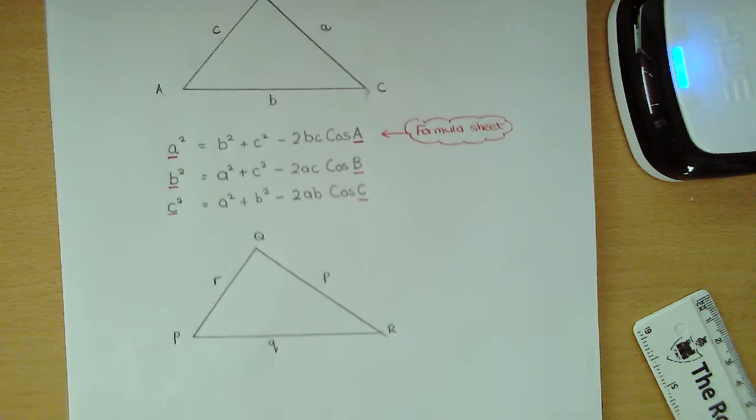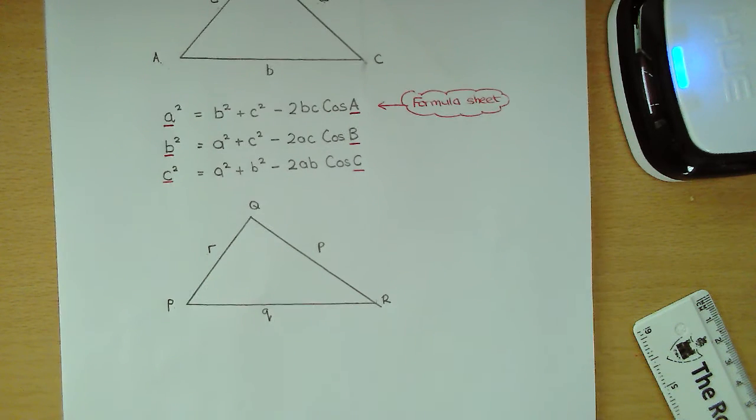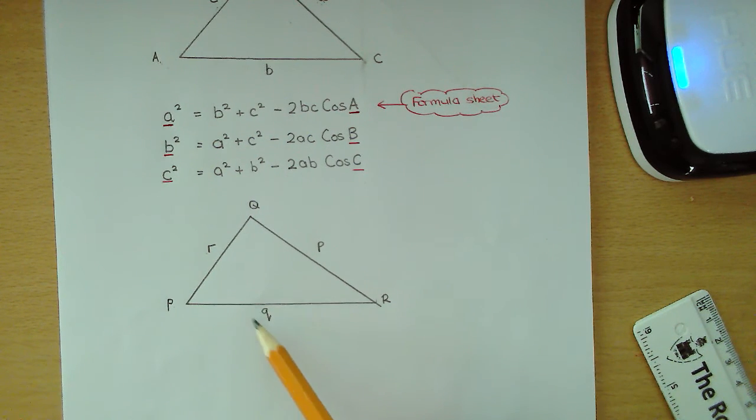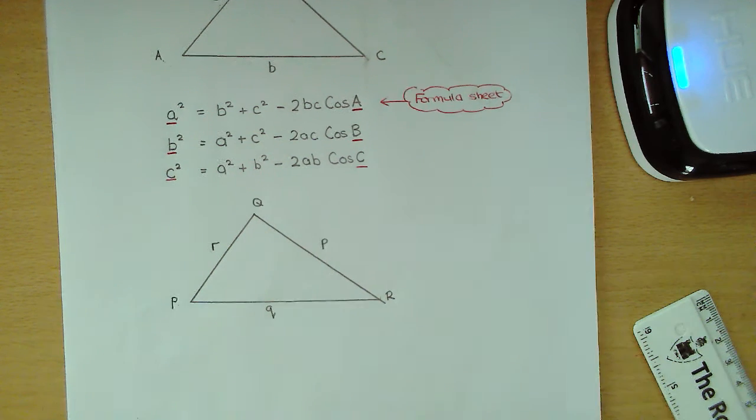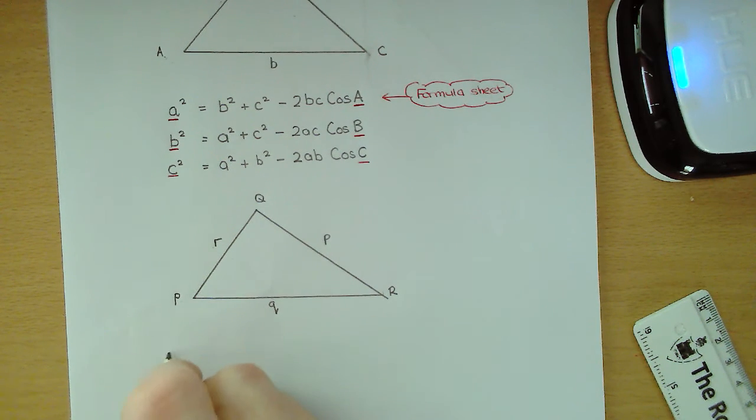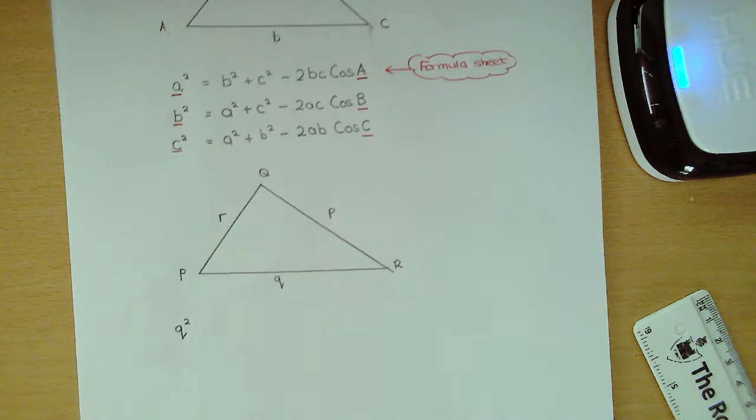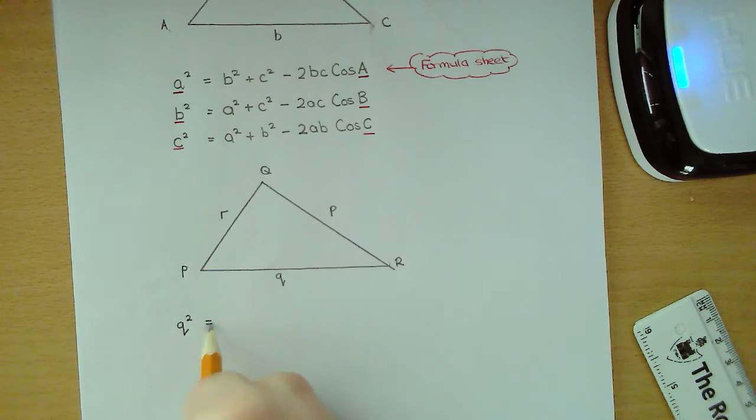So let's say, for example, we wanted to write the cosine rule out, which connects small q to capital Q. So this time the cosine rule would start with the lowercase letter, q squared, and that's equal to the sum of the squares of the other two sides. So the other two sides are going to be p squared plus r squared.